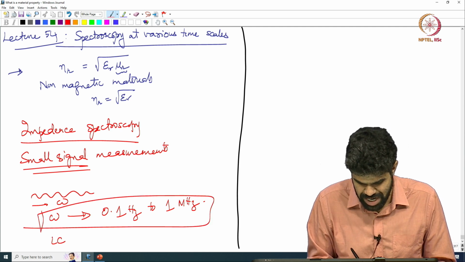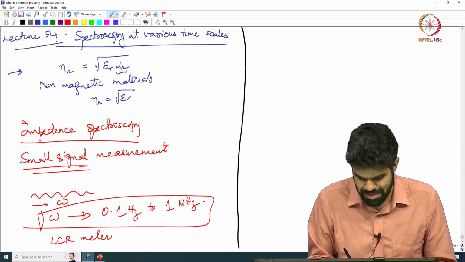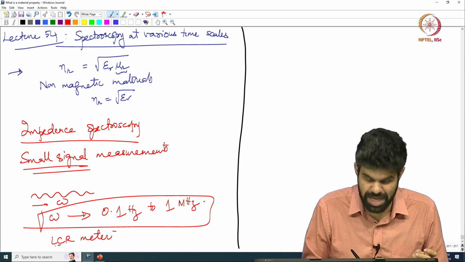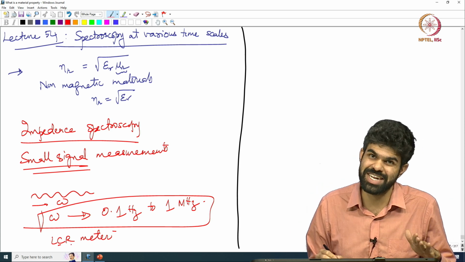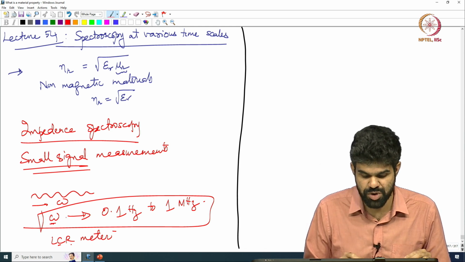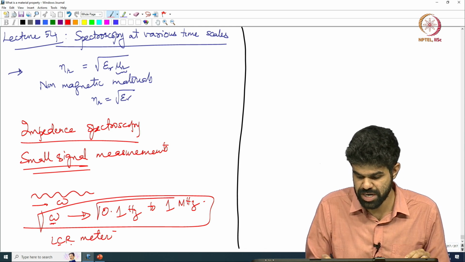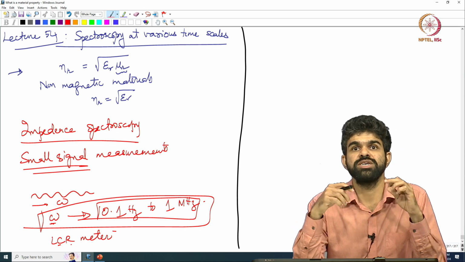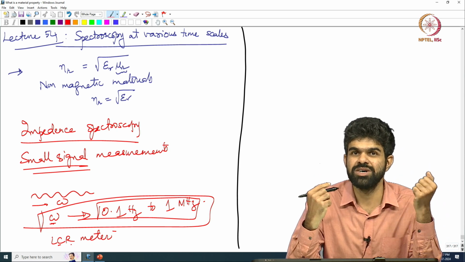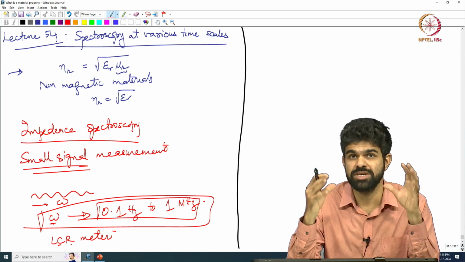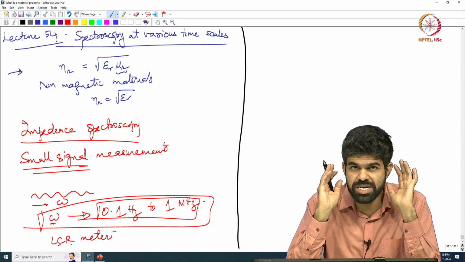If you take what is called an LCR meter and do small signal measurements to get the idea of capacitances and the corresponding conductances, the typical frequencies at which you operate are 0.1 hertz to 1 megahertz. This is the range where we do not need to worry too much about how I am shielding the probes, though the measurements still need to be accurate.